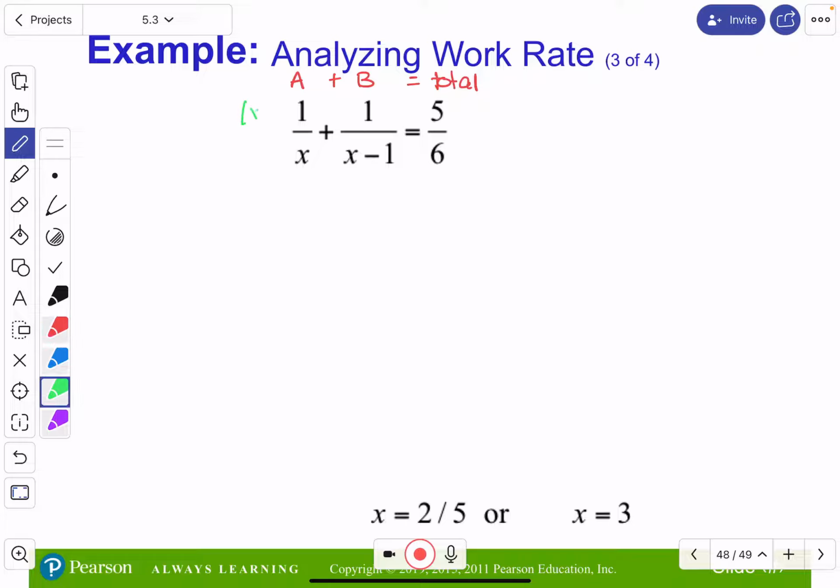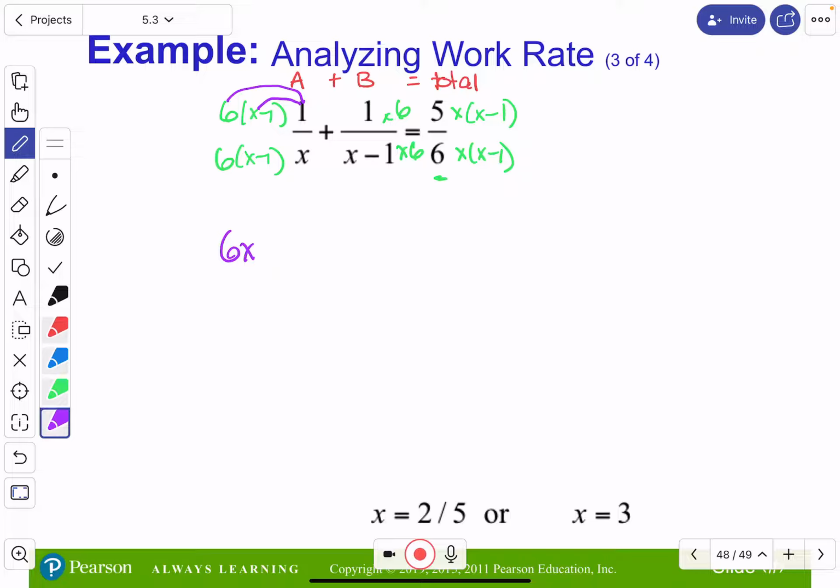So this one needs x minus 1 to have a common denominator. This one needs x. And this one needs both. And because this has a 6, these also need a 6. Because we want all the denominators to be in all of them. So now let's multiply. 6 times 1 is 6. And then if we distribute that to x, we get 6x.